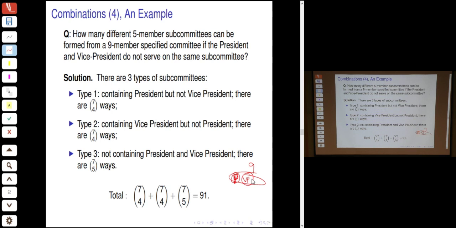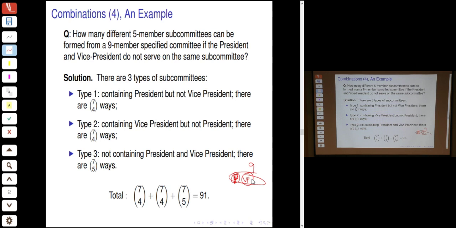And the restriction, so you want to form subcommittees, so subsets of this 9-member set, with the restriction that P and VP cannot be in the same subset. So, you want to count the number of subsets of this big 9-member set, so that these 2 people do not belong to the same subset.